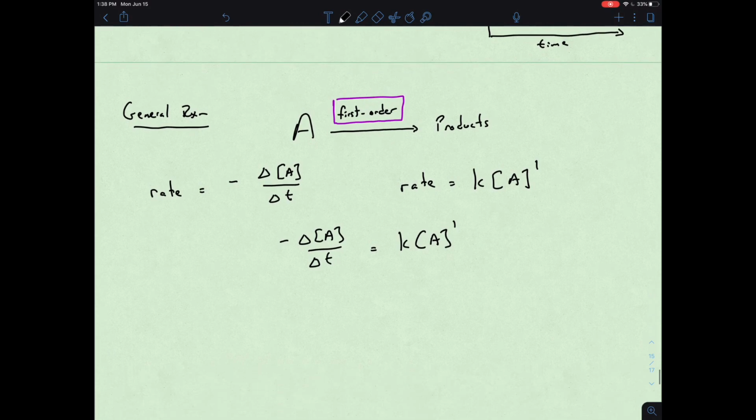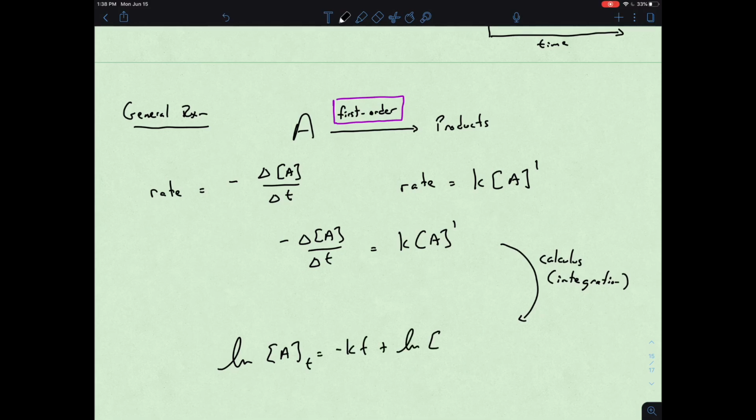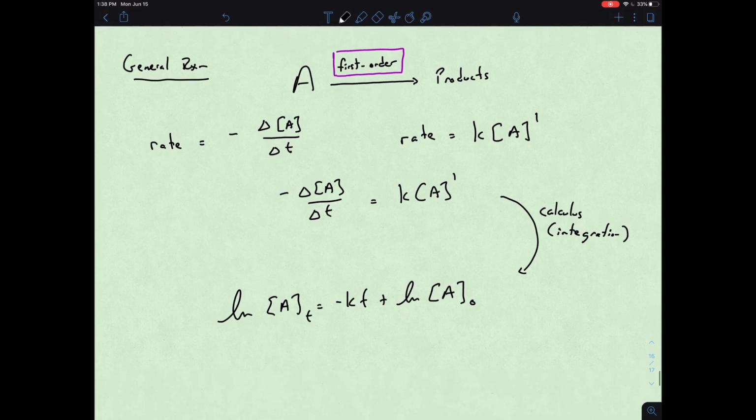And so what we find is that with some calculus, or integration, we end up with this type of linear fit. So here is the linear fit that we have for a first order process in terms of our integrated rate laws.